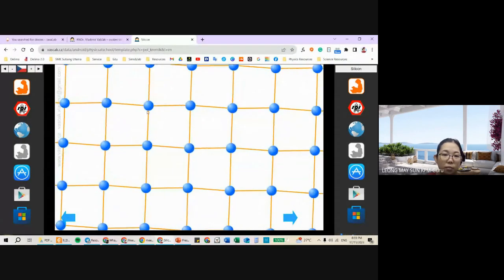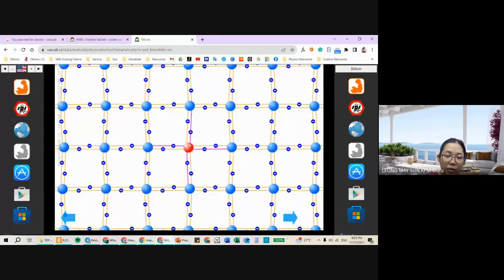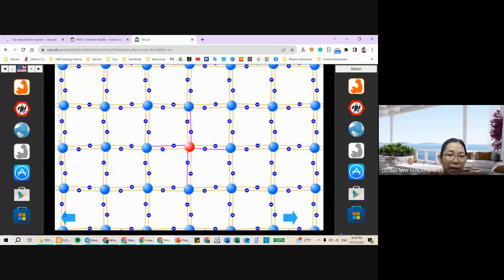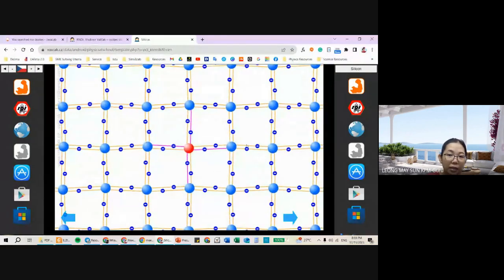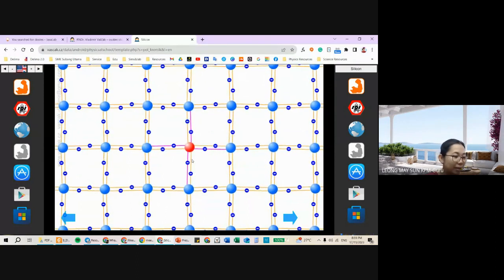The atoms have 4 electrons, and all of them are in perfect covalent bonds, but as temperature increases, some of the electrons will break free. And when they break free, other electrons will try to jump into that hole. It's like musical chairs. They are trying to fight for the empty space.